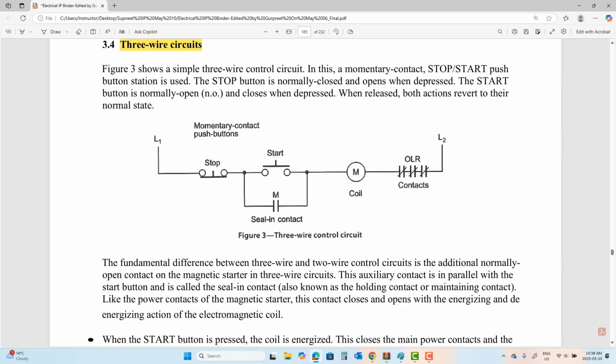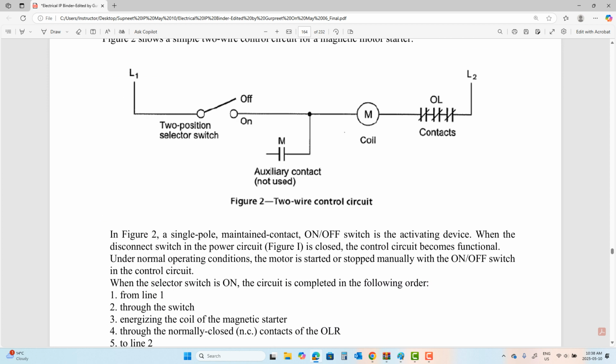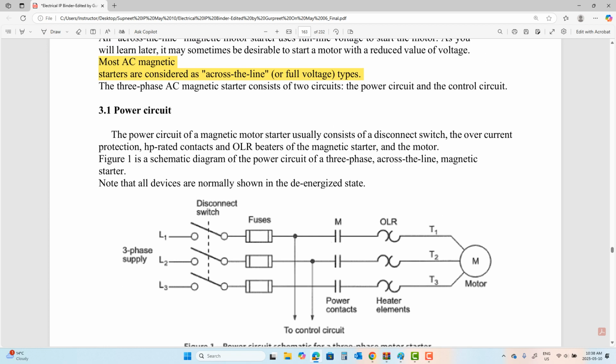The moment you hold the start button, M coil energizes, and the M contact, which is a sealant contact, closes. So you can release your hand, but the current has a path to flow through the sealant contact, and that is what turns the motor on, because if M coil is energized, the M contacts in the power circuit are closed. When they are closed, the motor is running.